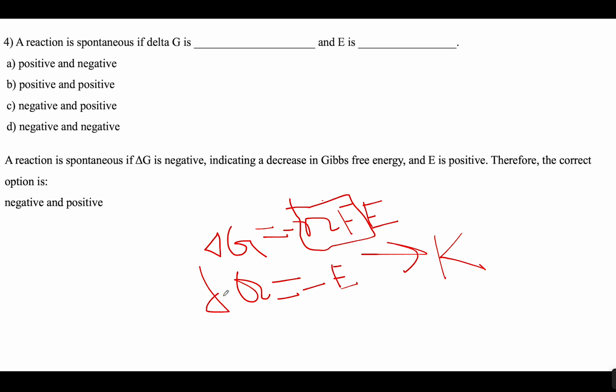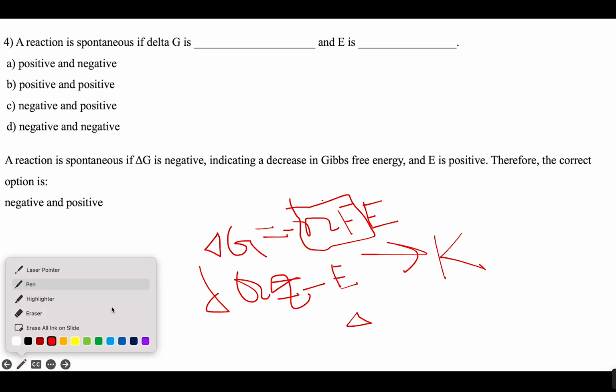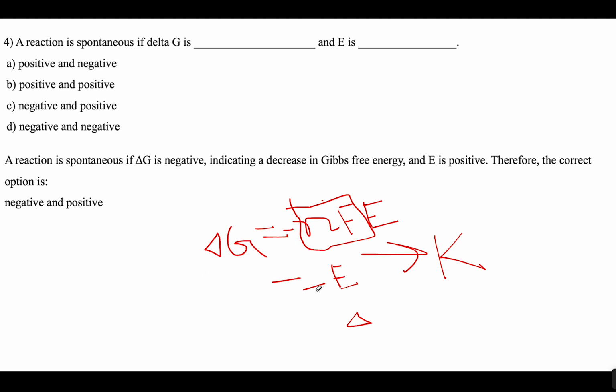So delta G depends on the sign of E. Just a minute, I'll help you understand this more.